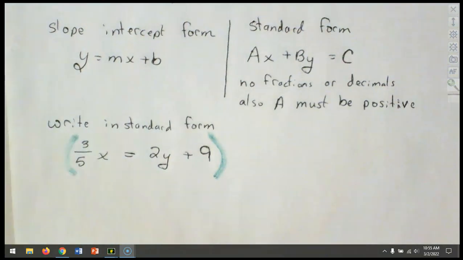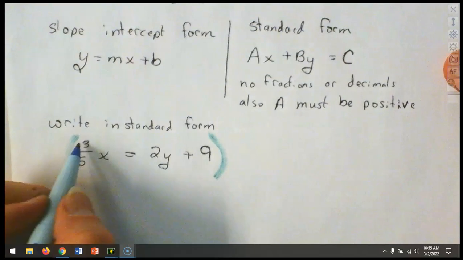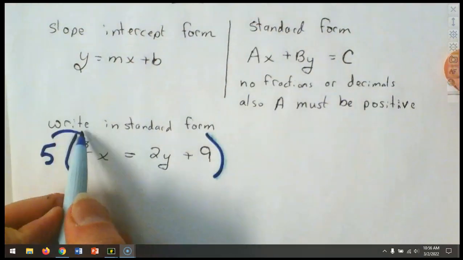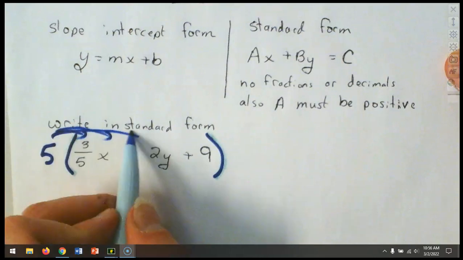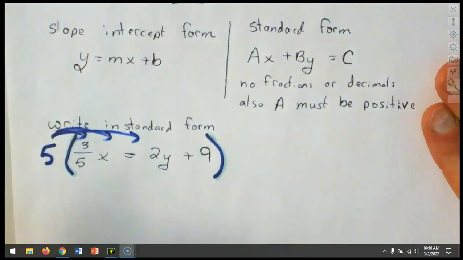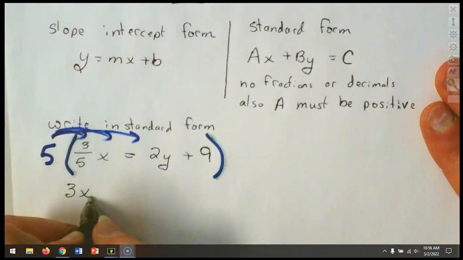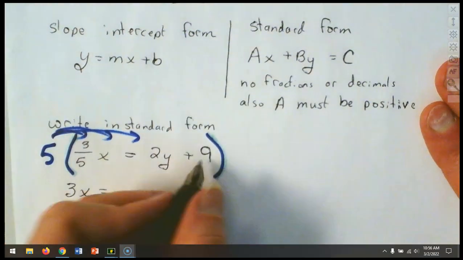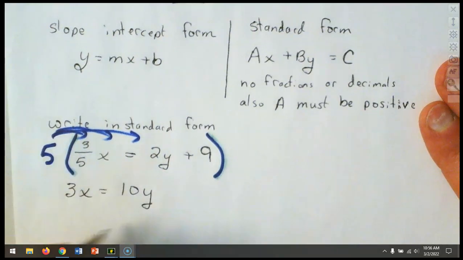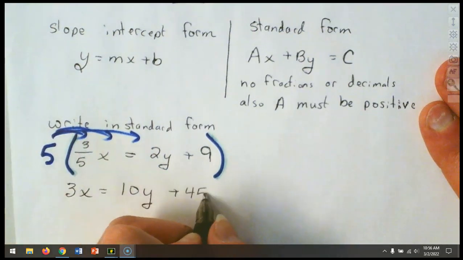That's going to get rid of the fractions here. In standard form, you cannot have fractions. So those have to go first. The 5's cancel. That leaves you with 3x equals 5 times 2, which is 10y, plus 5 times 9, which is 45.